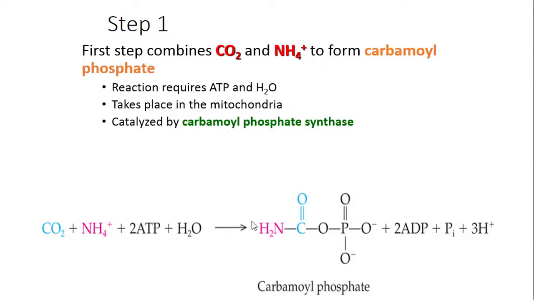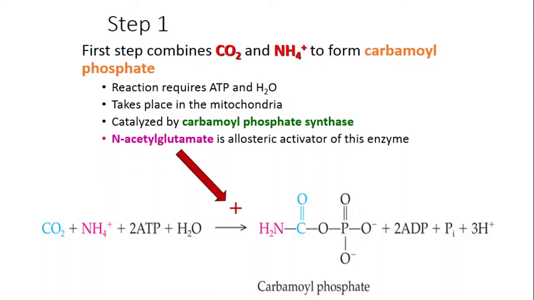And note, please, that this is the slowest reaction in the whole sequence, and as usual, slow reactions are regulative reactions. Carbamoyl phosphate synthase is regulated by the substance which is named N-acetyl glutamate.